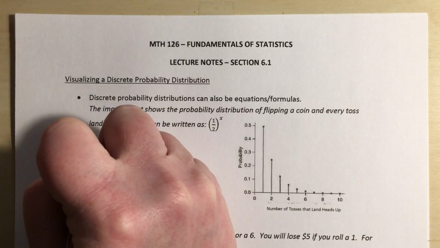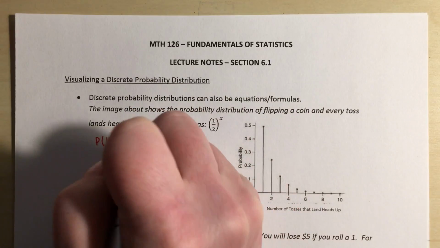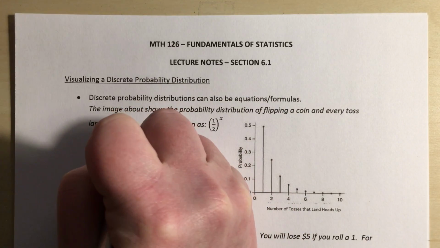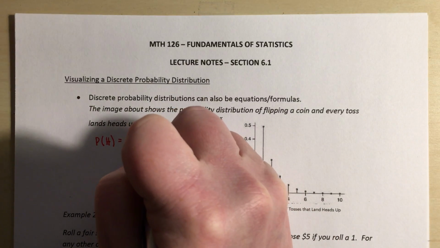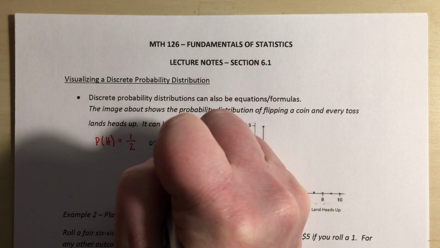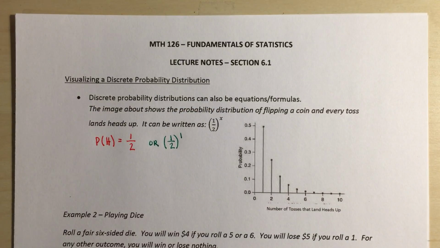All right, so our probability of tossing just one coin and it landing heads is going to be 1 out of 2. That 1 out of 2, if we write that in exponential form, is 1/2 to the first power. We have exactly one factor of 1/2.